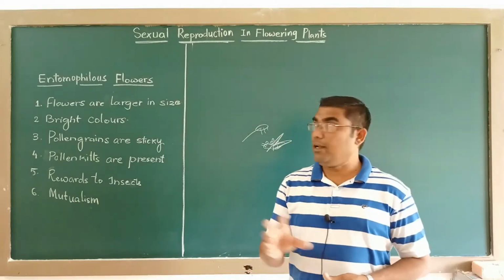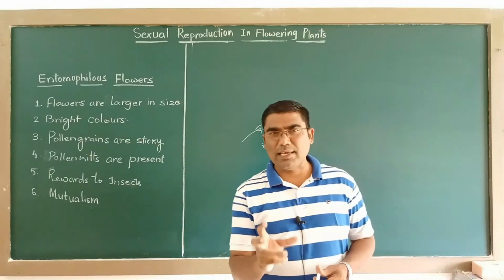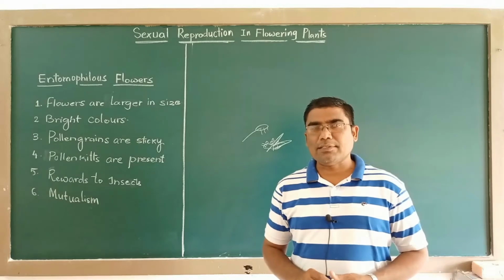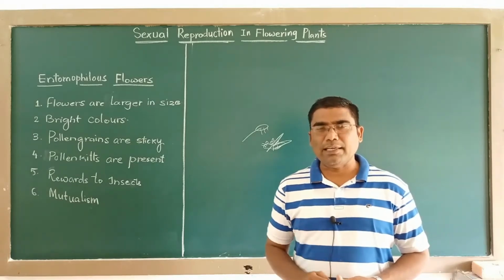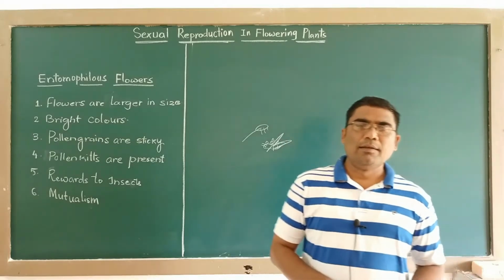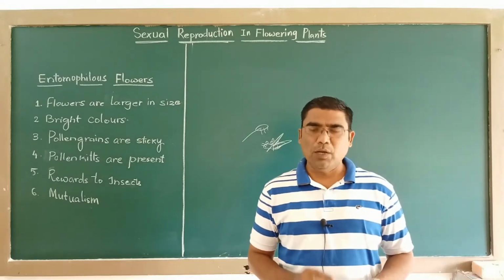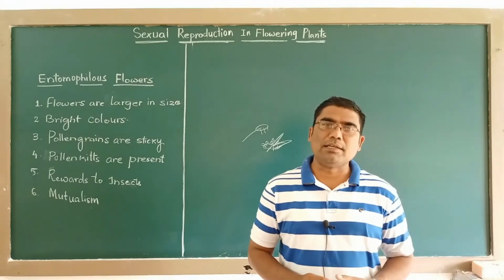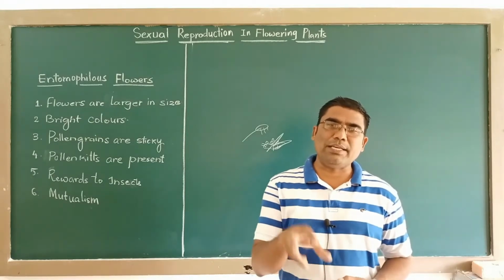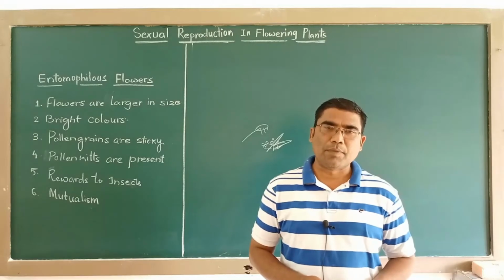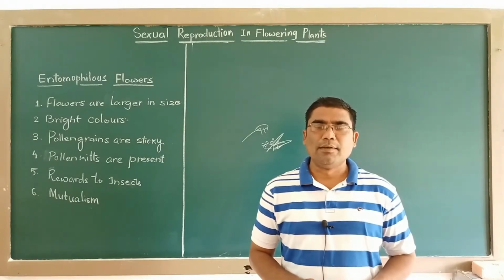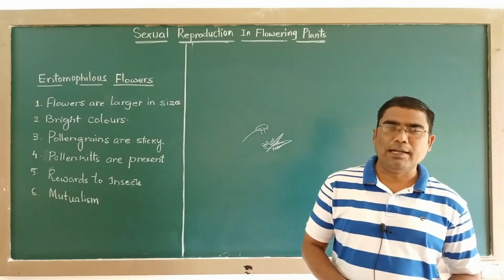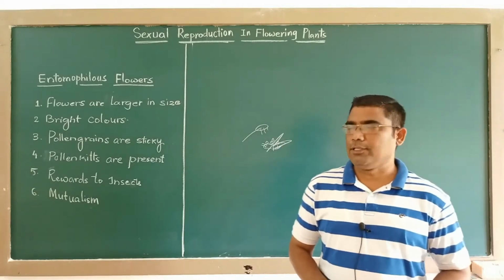What is the reason for their stickiness? This sticky property is provided to the pollen grain with the help of pollen kits. With the help of pollen kits, these pollen grains very easily attach to the body of insects, and it is helpful for pollination.